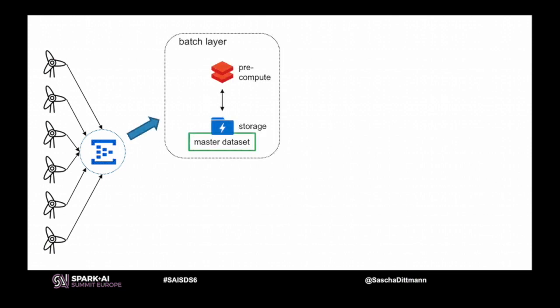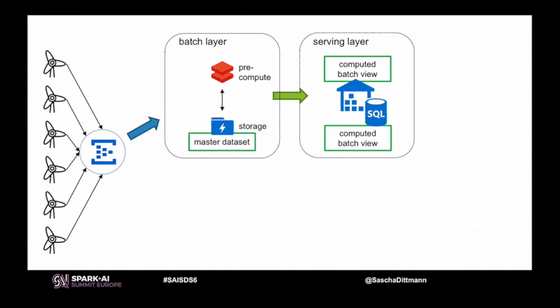First of all, we initiated Azure Event Hub, which is pretty much like Apache Kafka, a fully managed service for queuing data at high scale into the system. On top of that, we built a classical Lambda architecture: a batch layer which pulls down the data from the Event Hub, stores it on a blob store, and calculates different computed views and pushes them to a serving layer, in this case an Azure SQL Data Warehouse.